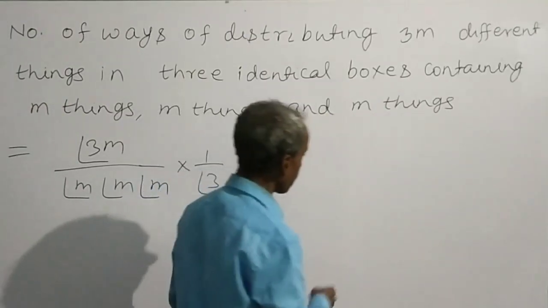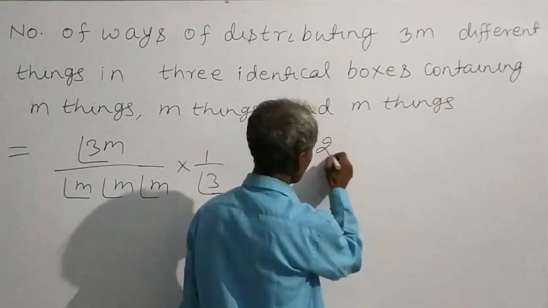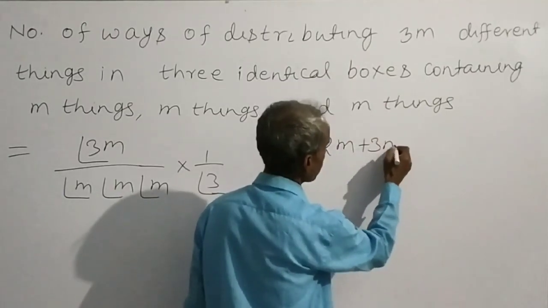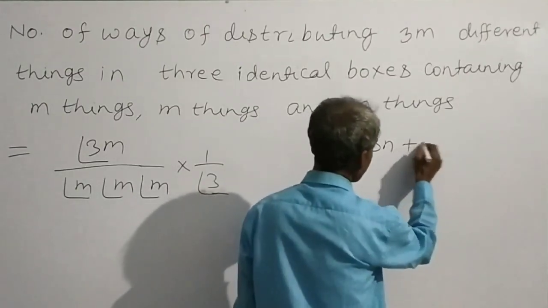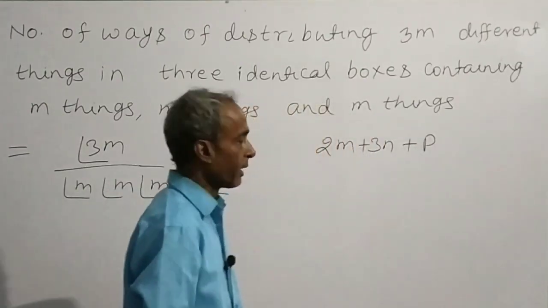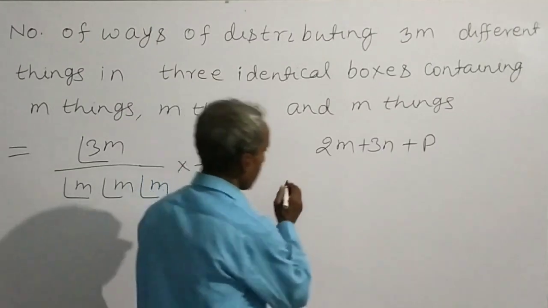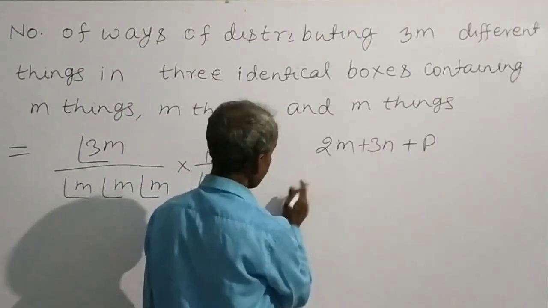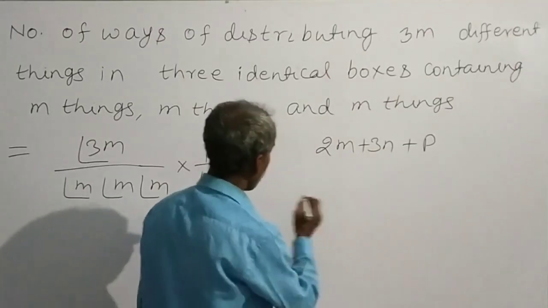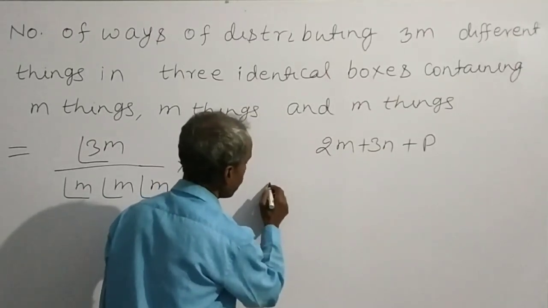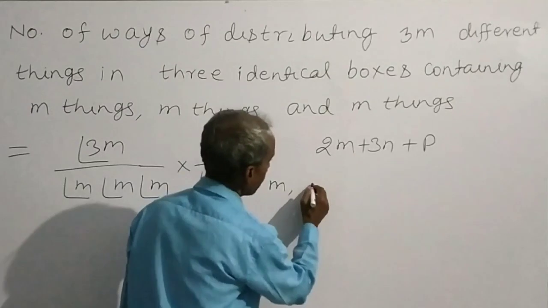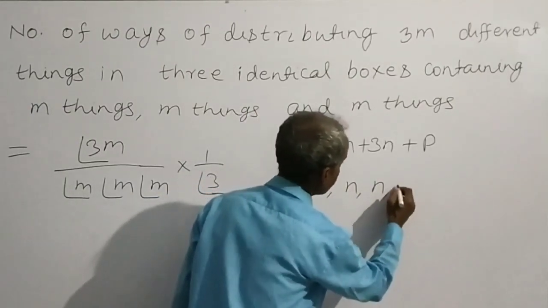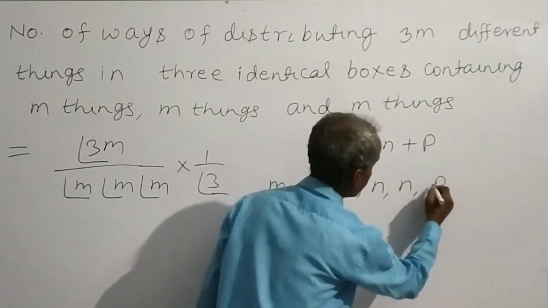Suppose there are 2m plus 3n plus p things, and we are asked to divide them in boxes containing m things, n things, p things.